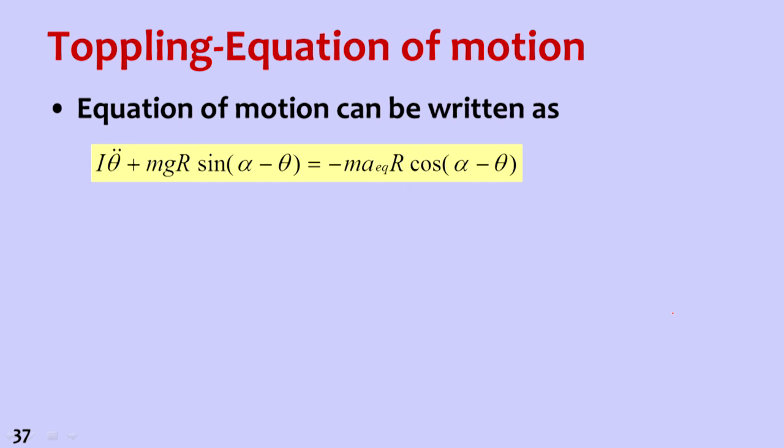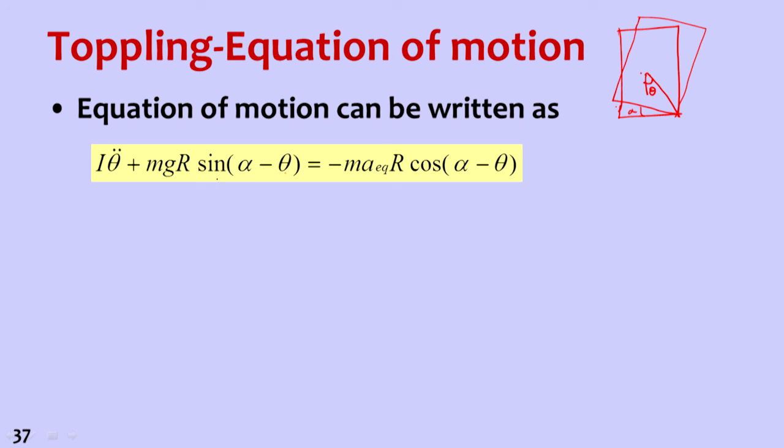Now let us look at the equation for toppling. We can derive the governing differential equation by drawing the free body diagram. I is the rotational moment of inertia with theta double dot, plus mgr sine of alpha minus theta. Alpha is the angle with which the non-structural element is getting lifted, and this is theta.